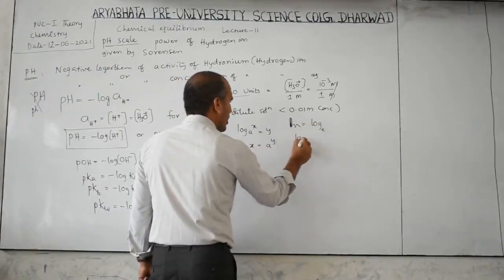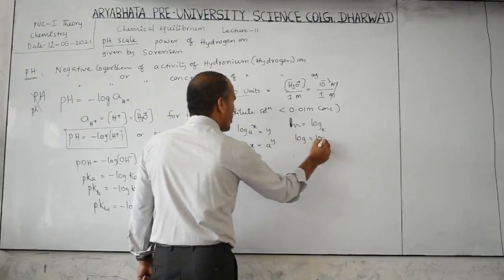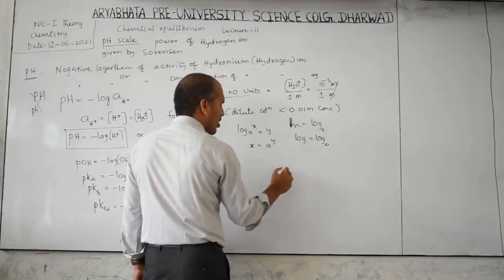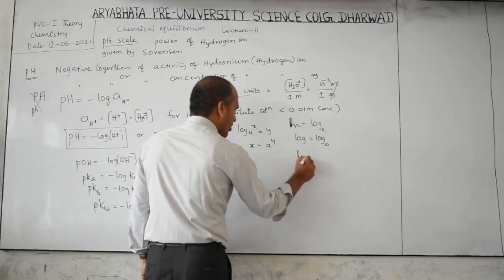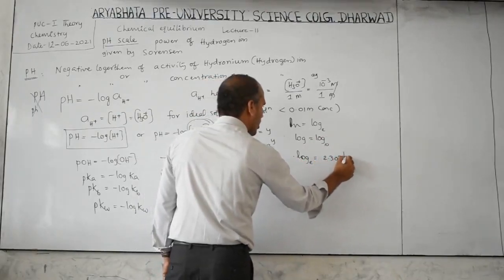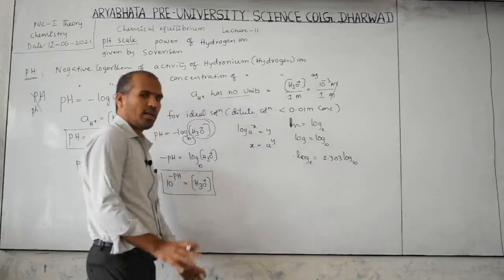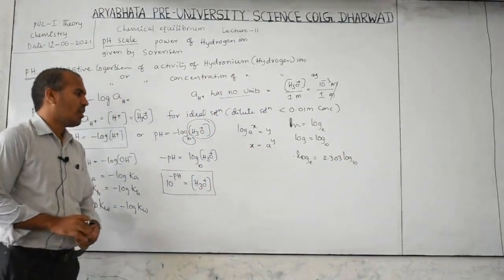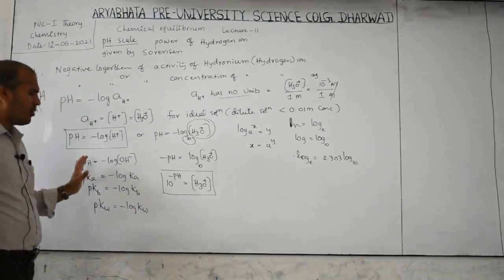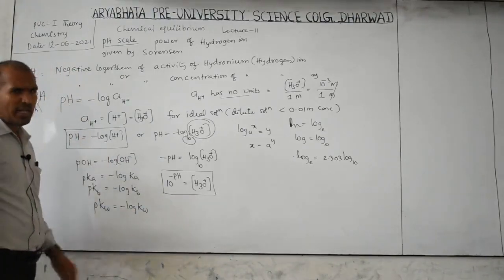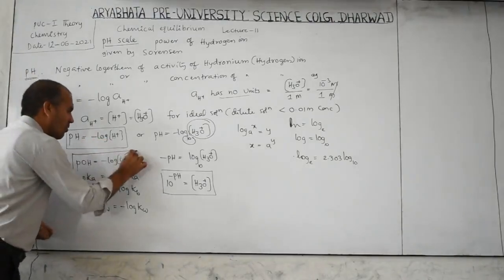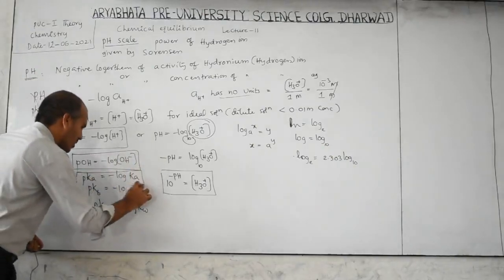Normally when log is given, consider it log base 10. Log base e is converted to log base 10 by 2.303 times log base 10, a conversion I already told you in the thermodynamics chapter and in equilibrium also. Now this is the pH formula, you have to remember. This is the pOH formula. Remember all formulas, all these are very important.